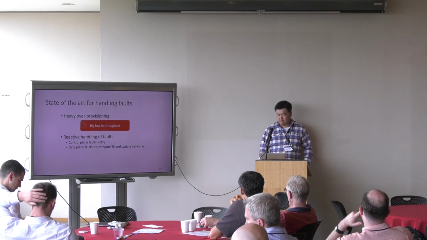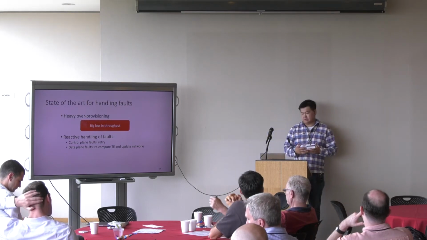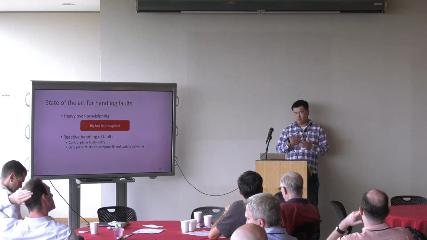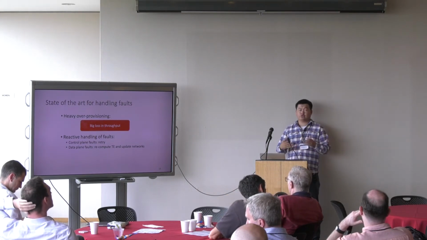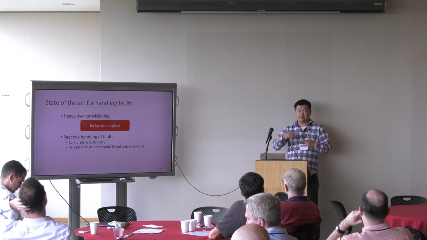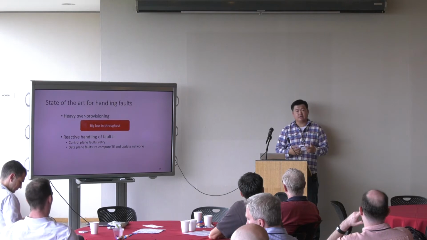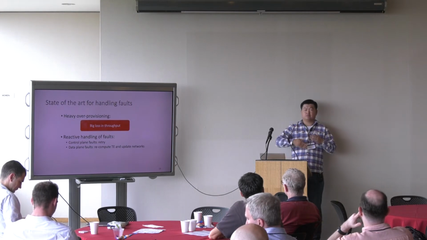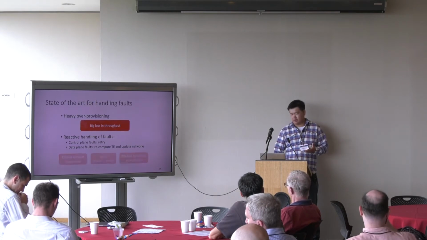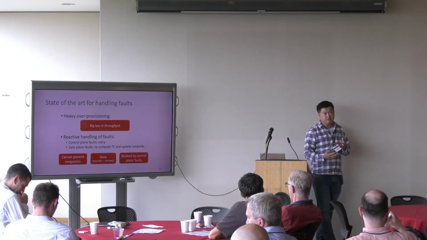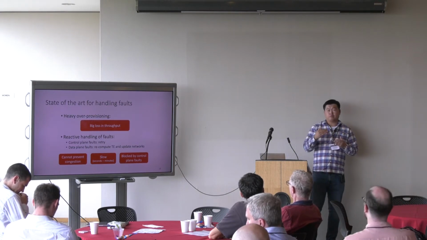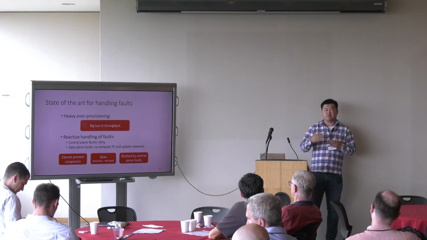And the second is a reactive approach. For example, when you find some failure, you tell the controller, and the controller recomputes something and reconfigures the network to fix that. This kind of control loop has three flaws. One is that you cannot prevent congestion from happening, and how quickly you resolve the problem depends on how fast the controller can react.